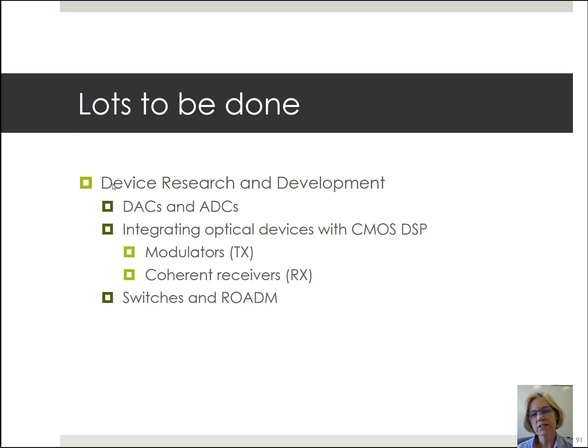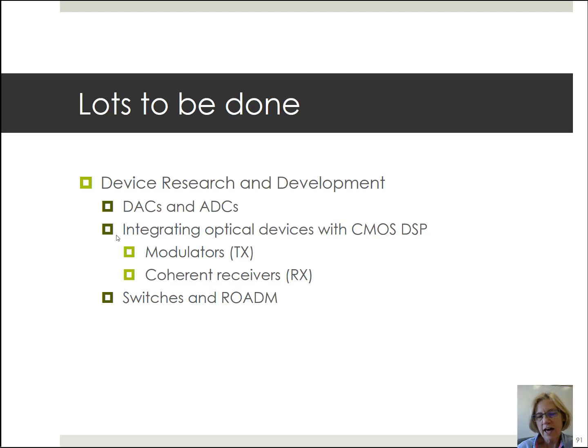There's a lot of research still going on in the devices, trying to get better DACs and ADCs. We can see that a lot hangs on these devices, and so there's a lot of movement to try to improve them. There's a lot of activity in integrating optical devices with the CMOS electrical devices.